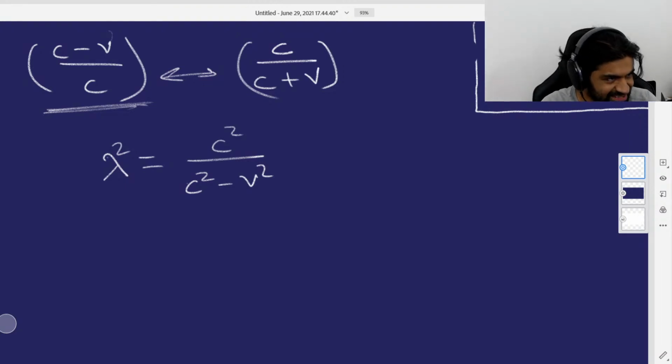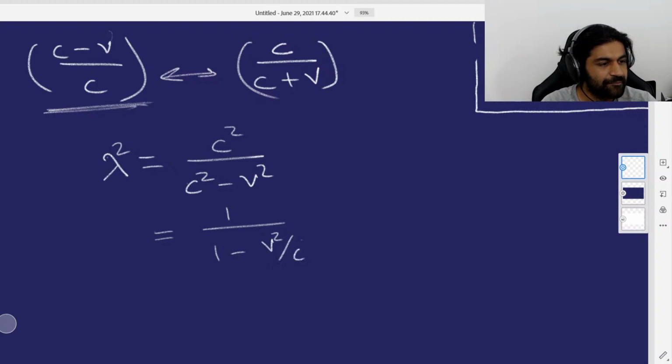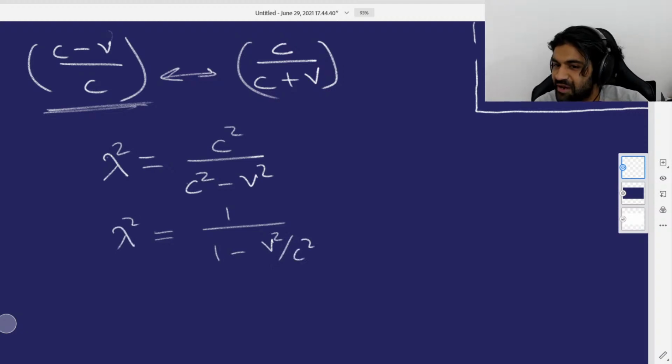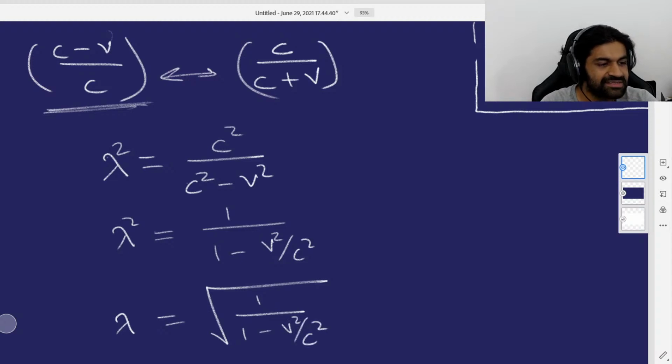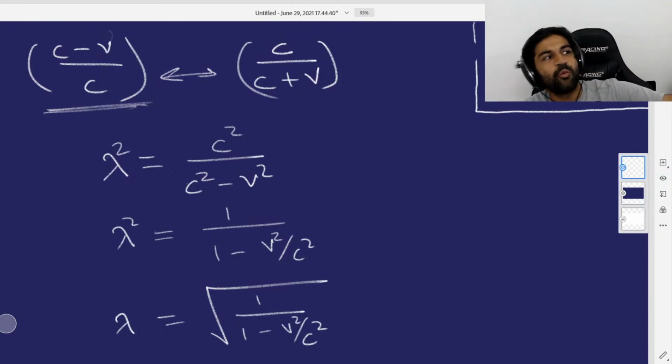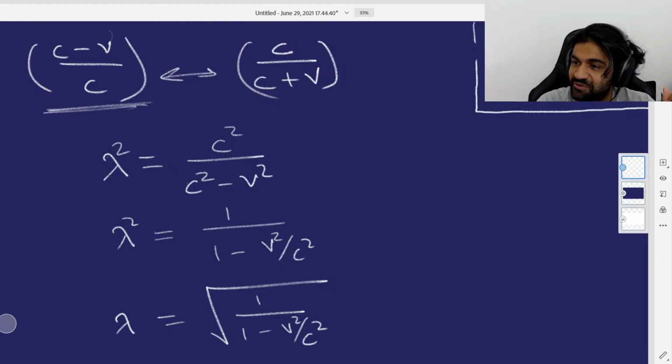This time dilation factor is going to be, you can pull a c squared out of the denominator and cancel it with the 1 in the numerator and write it like this: 1 minus v squared over c squared equals lambda squared. And you can solve for lambda now, and it's going to be the square root of 1 over 1 minus v squared over c squared. So you need this kind of time dilation factor in order to get this one-way Doppler asymmetry to vanish.